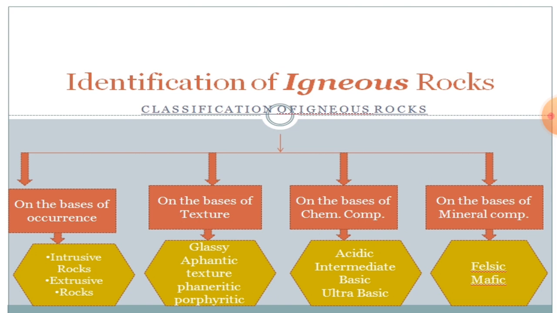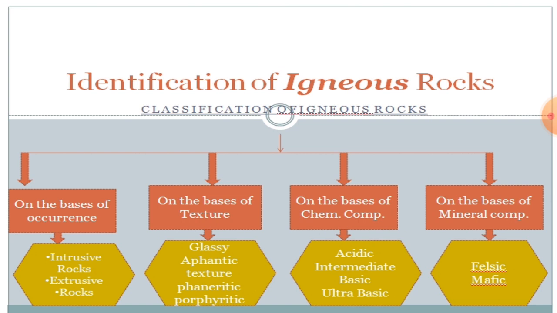An example of these rocks is basalt. The third group of rocks is known as phaneritic textured rocks, in which the crystals of the rocks are visible, or we can say the coarse-grained textured rocks. For example, granite. Number 4 is the porphyritic textured rocks. In this type of rocks, both fine as well as coarse-grained crystals are observed.